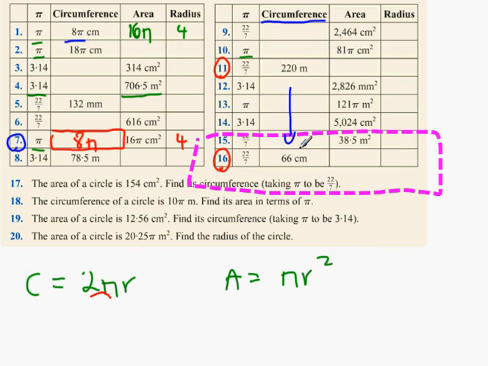For this specific question, the circumference is 66. Circumference equals 2 multiplied by pi multiplied by r. So it's going to be 2 multiplied by what's pi for this question? 22 over 7 multiplied by radius, which we don't know.